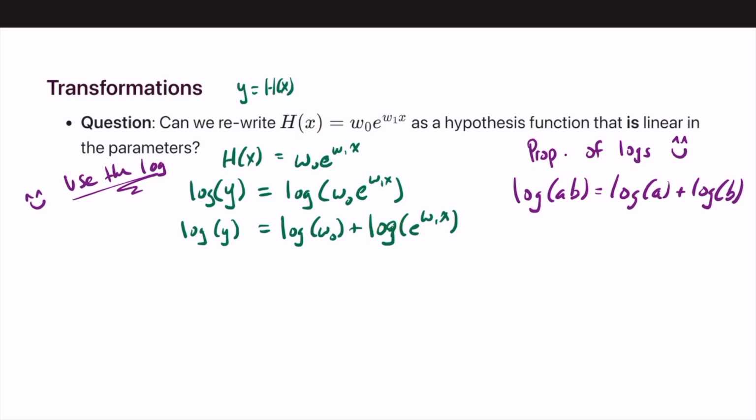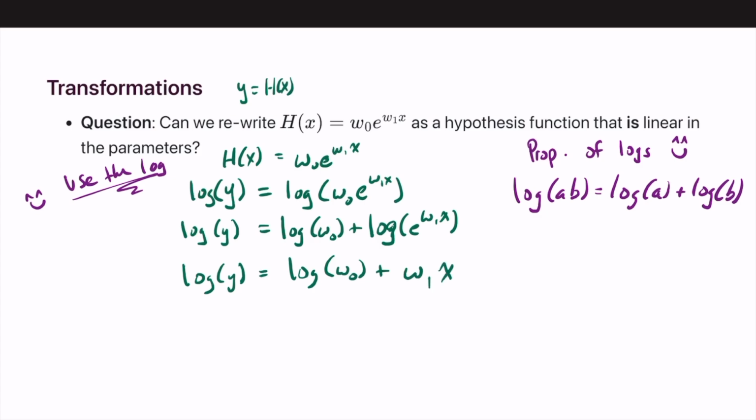And that idea there will allow us to cancel these out. But that's the exponent that you put on the base. So in this case, this will reduce down to log y, which will equal log of w naught plus w sub 1 x.